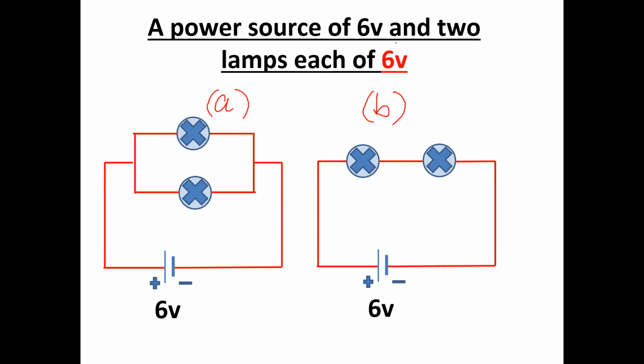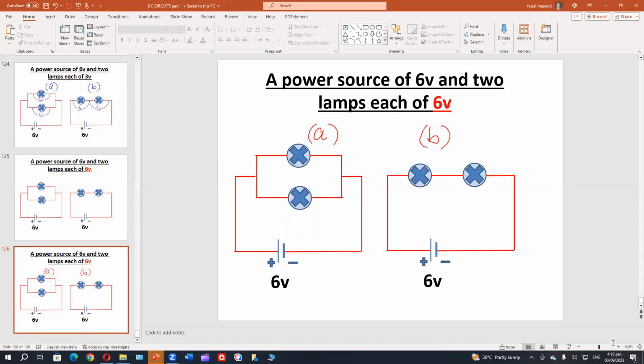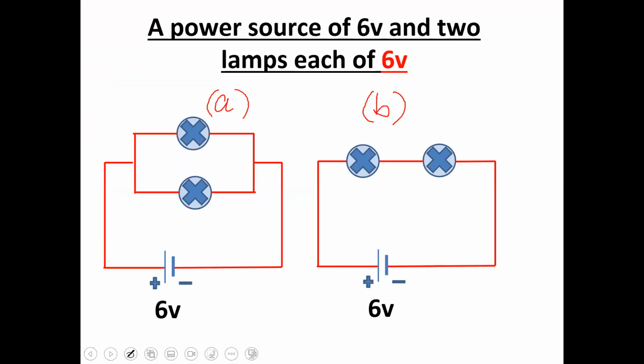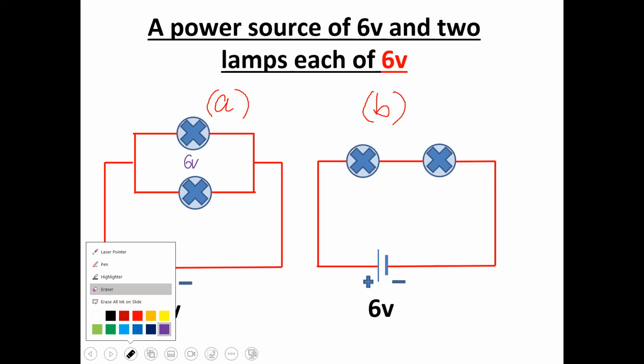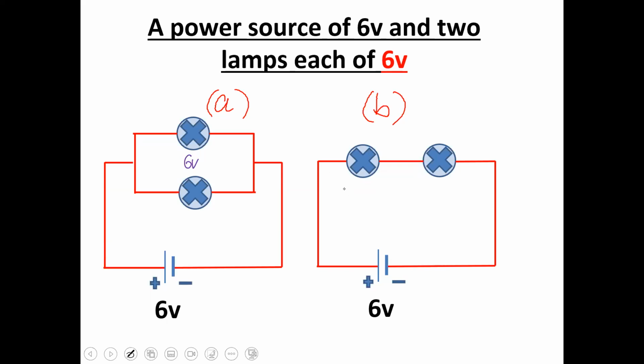If you have the devices and the power source the same, a 6-volt battery and a 6-volt lamp, then parallel is better, because in parallel voltage is the same.